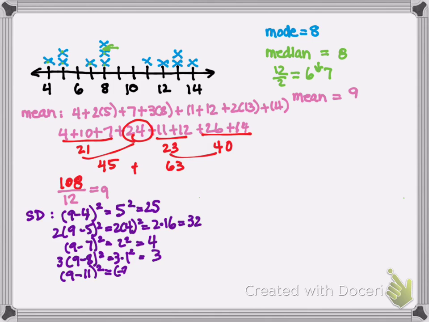And I'm going to square that, so I get negative 2 squared equals 4. And then I've got 9 take away 12, which is -3, and I square it, and I get a 9. And I have two numbers at 9 take away 13. So I get 2 times -4 squared, which is -4 squared is 16, times 2 is 32.